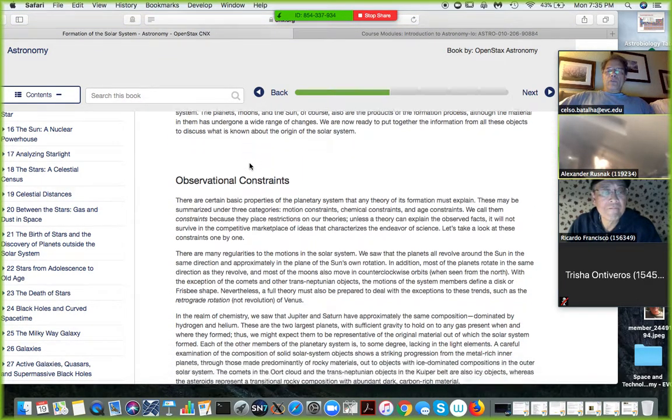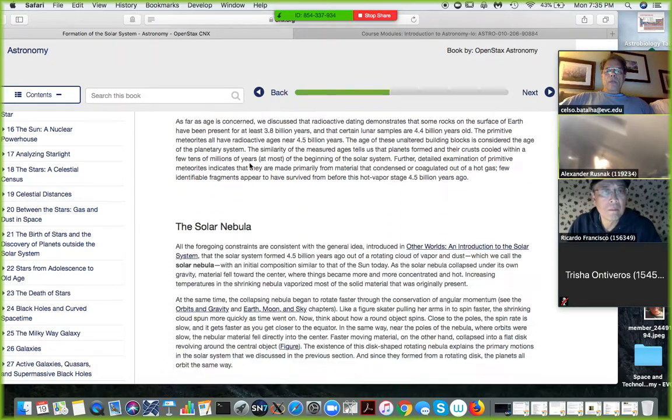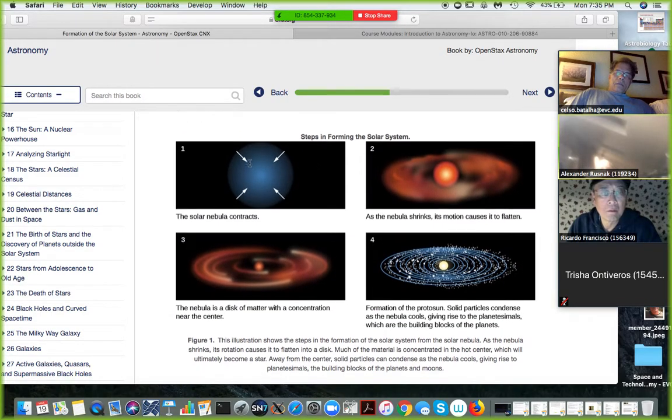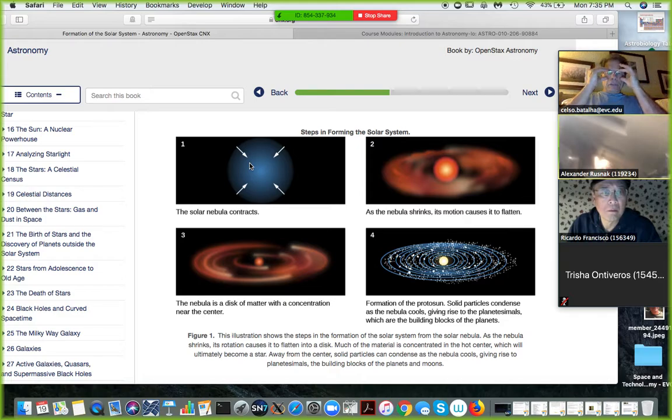And finally, formation. I think these pictures tell everything. You've got some giant molecular cloud over there that fragments into smaller clumps, and these clumps then become subject to gravity that will govern the process of contraction.